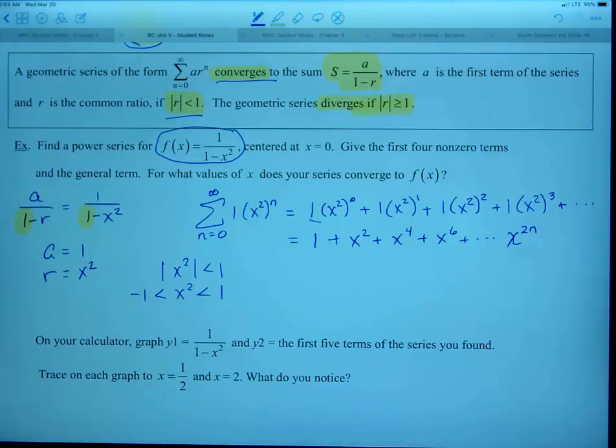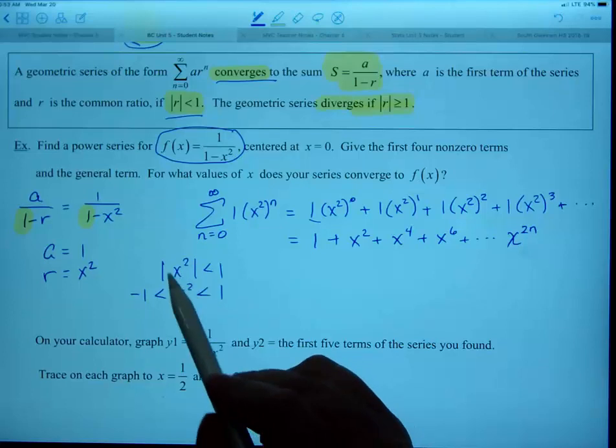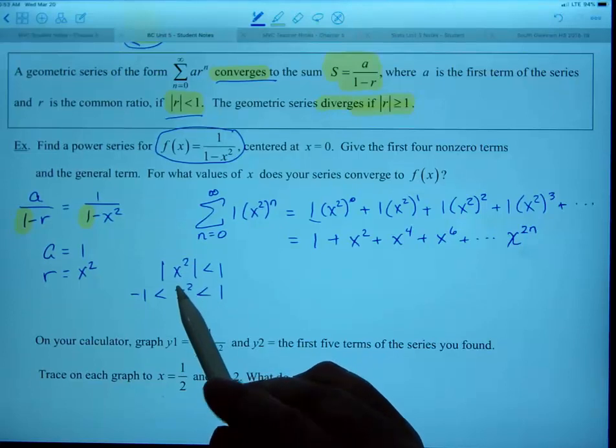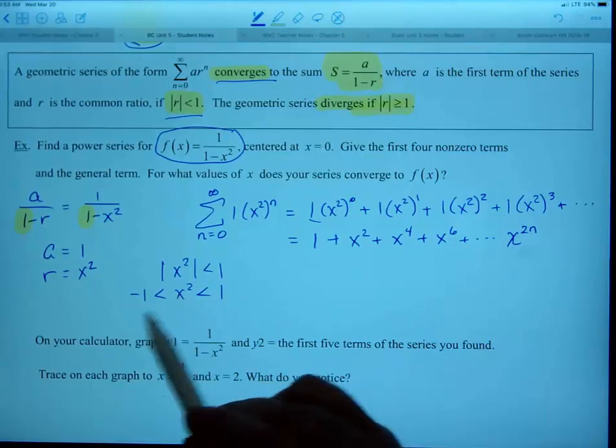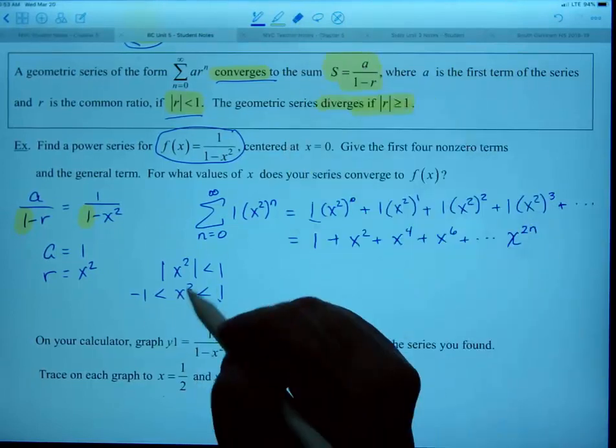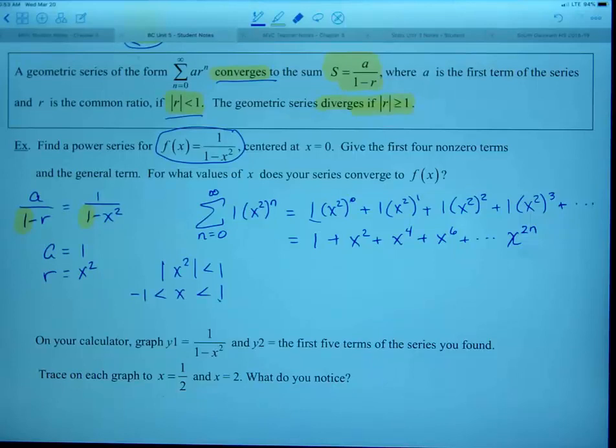If I put -1/2 in there and I square it, is it going to be less than 1? Yes. What's -1/2 times -1/2? 1/4. Is that less than 1? Yes. So this math sentence isn't completely accurate. What it should be is just -1 is less than x is less than 1. Because any number between -1 and 1 is going to work.